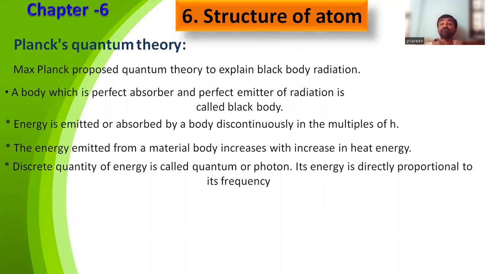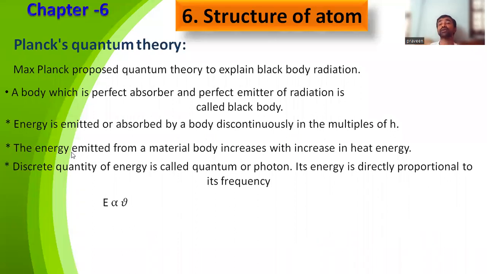Photon means energy in the form of light. The photon energy is directly proportional to the frequency. Light is considered to be in the form of electromagnetic waves, so we can describe its characteristics in terms of wavelength and frequency. Energy is observed in terms of frequency, directly proportional to it, so the ratio of energy and frequency always gives a constant.